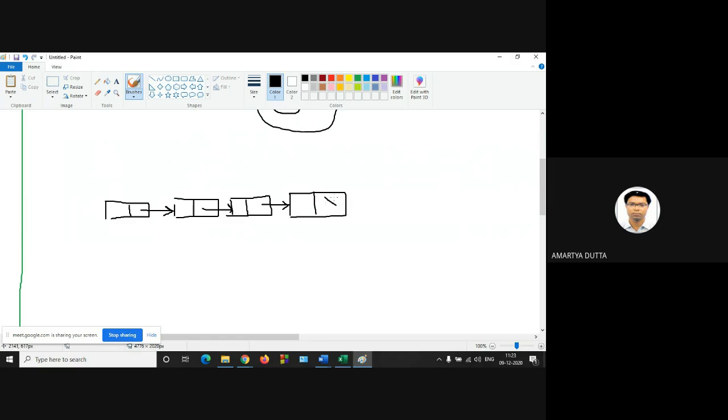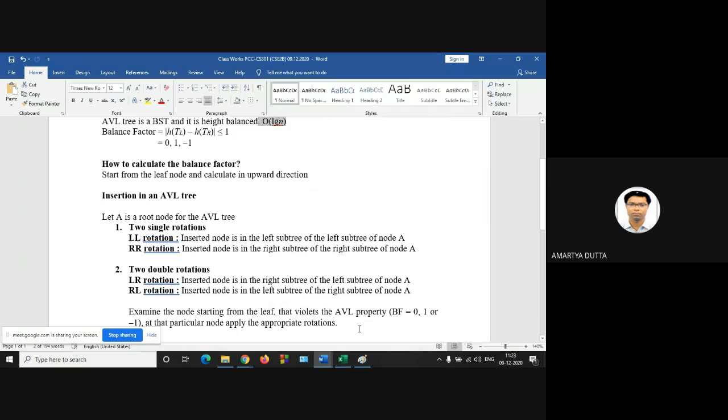Let this is the last node. So this is your starting node, or start node, or head node.